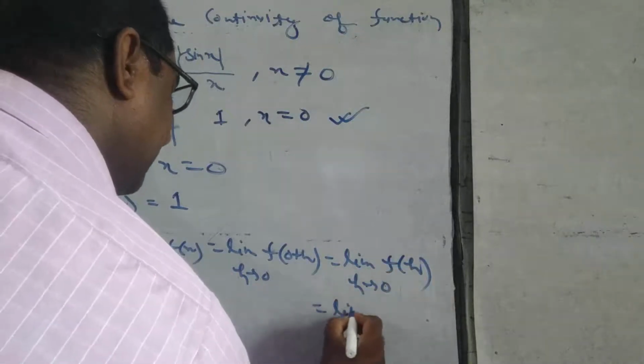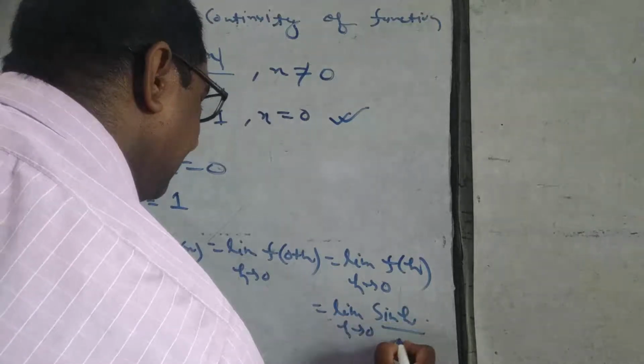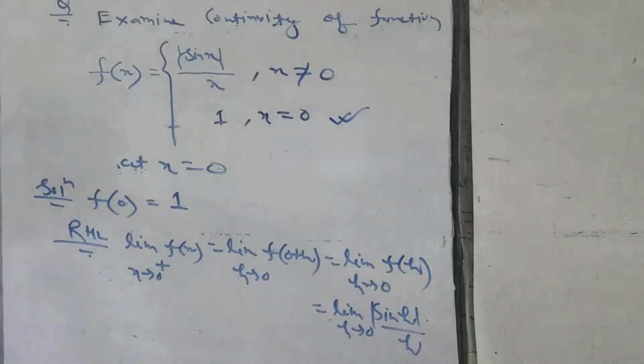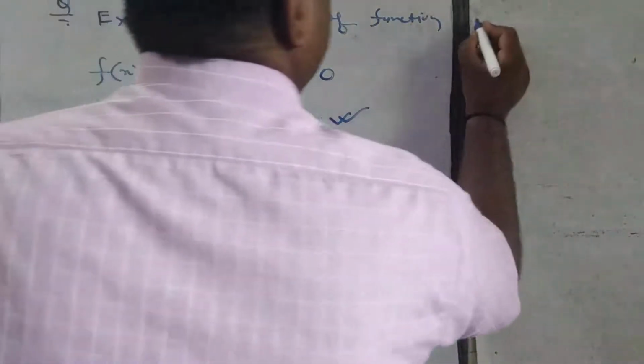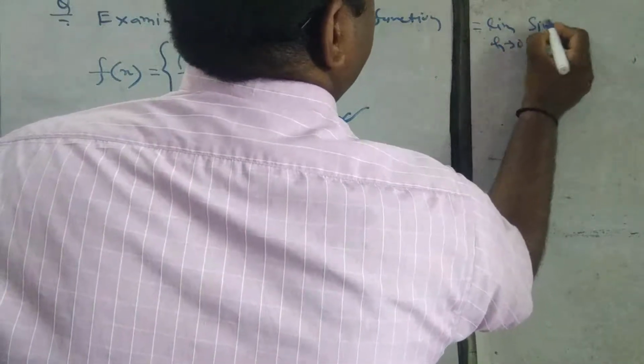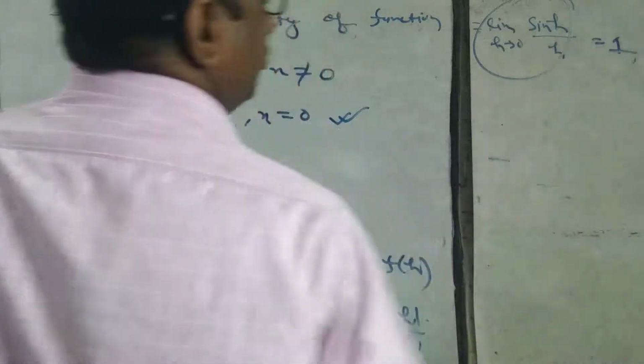This is limit h tends to 0 of mod sin h by h. Since h is positive, mod sin h is also positive. So limit h tends to 0 sin h by h, and this is the standard formula of limit, which is equal to 1.